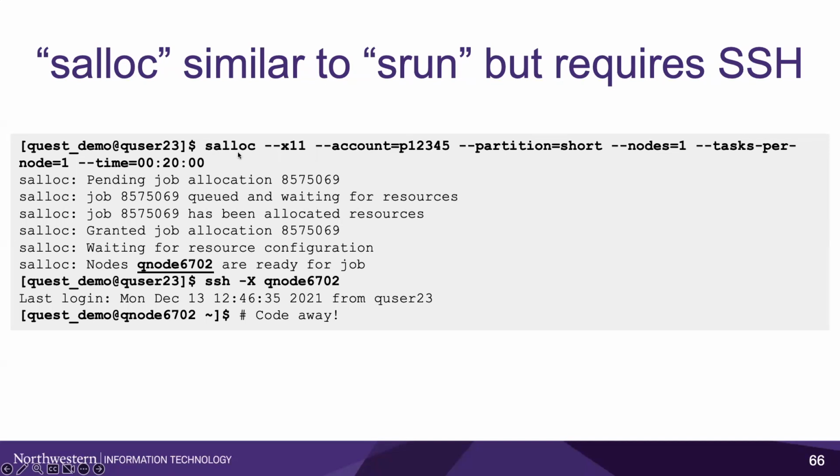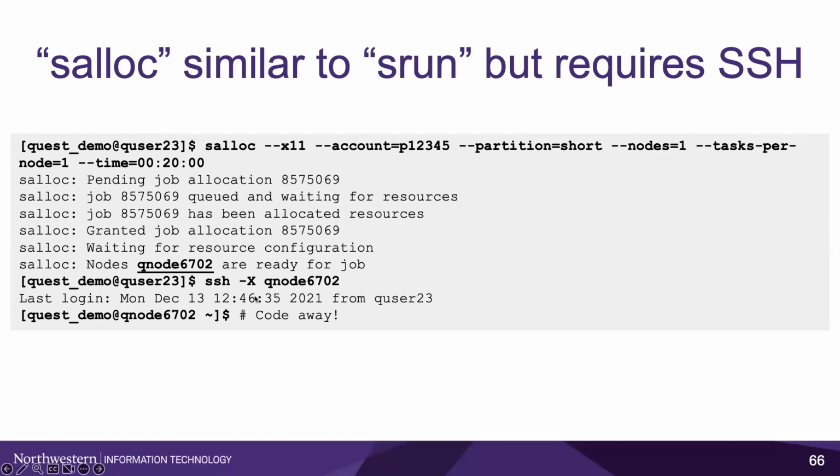First you submit your interactive job by the salloc command, followed by the allocation, partition, etc. Once you hit enter, Quest is going to print some output lines, and the final one is going to say nodes XYZ are ready for job. This is where you know which compute node your job has been assigned to. But your prompt will still be quser because you're still on a login node.